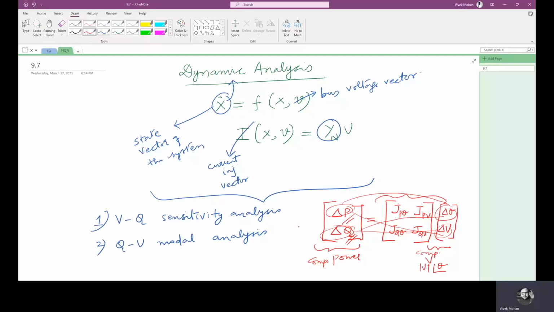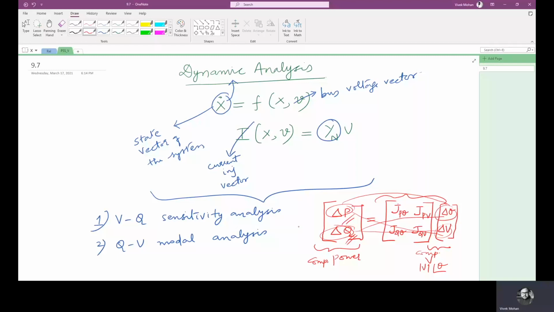So here in the static analysis, the system snapshot is captured at various time frames along the time domain trajectory, and at each time frame the time derivative of the state variable is assumed to be 0.